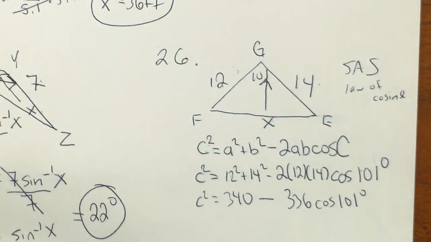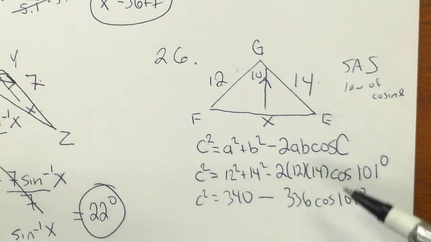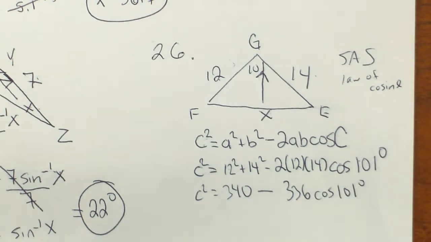Like I told you on the workshop or the video, the biggest mistake made with these two is people want to go ahead and split them up. You can't. They're multiplied. So what you have to do here is basically do it separately. So I'm going to do 336 times the cosine of 101 degrees.